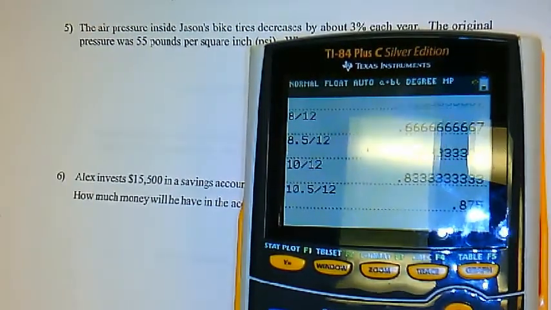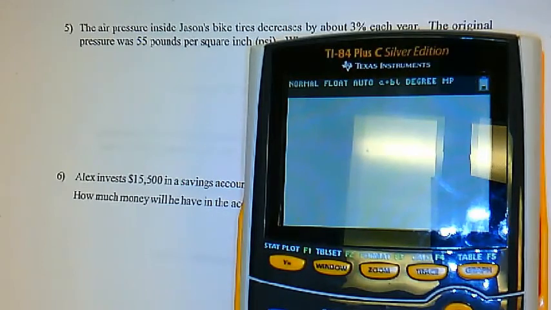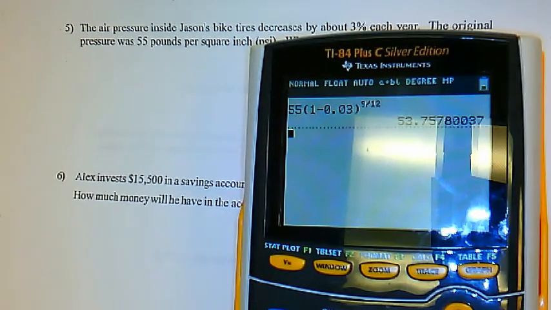All right, so we had 55, so you can literally just type all this right in. Times 1 minus 0.03. And then when you hit the caret button, now mine automatically goes up. So if you have a calculator like this, that's what this would look like. Okay.